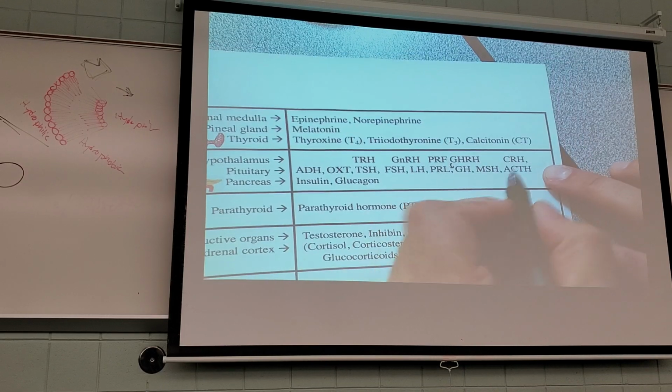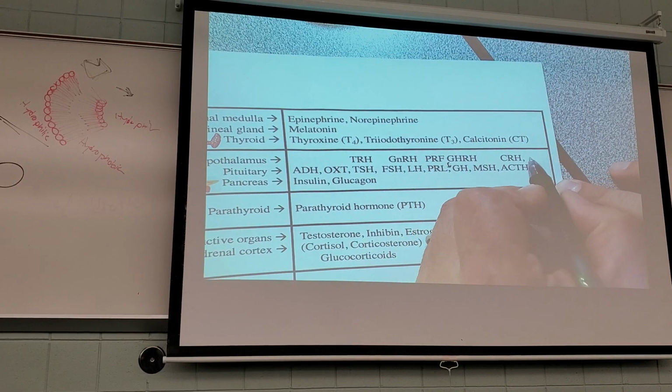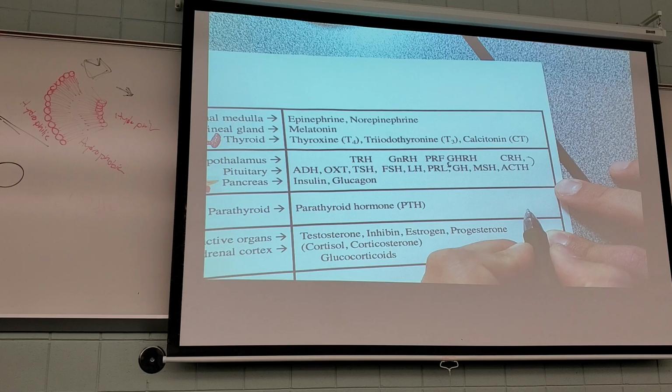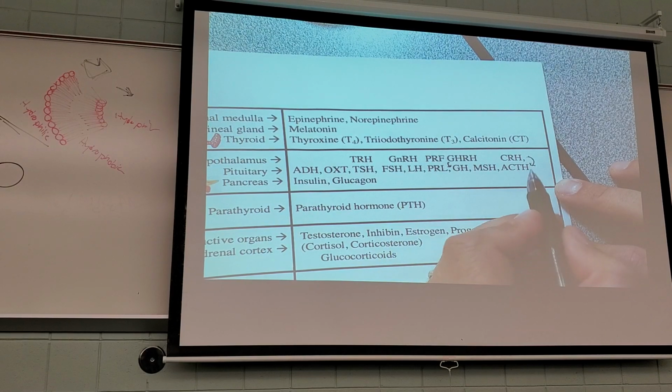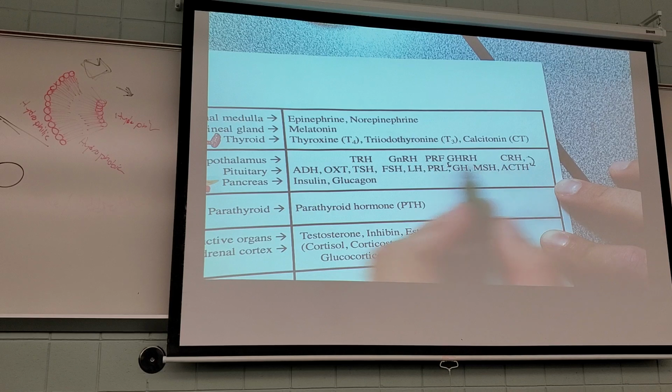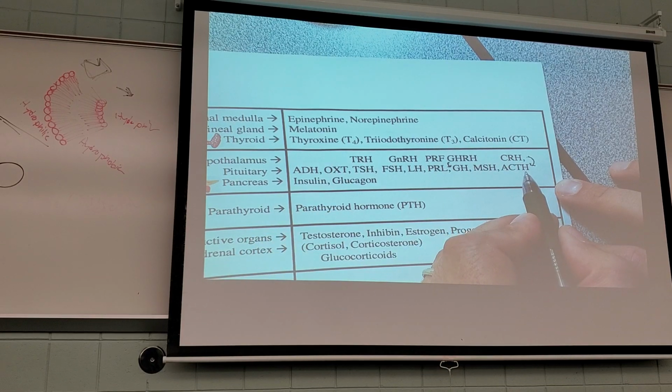Or, for example, the corticotropin releasing hormone, once released from the hypothalamus, reaches the pituitary gland, and then this message tells the pituitary to secrete adrenocorticotropin hormone.